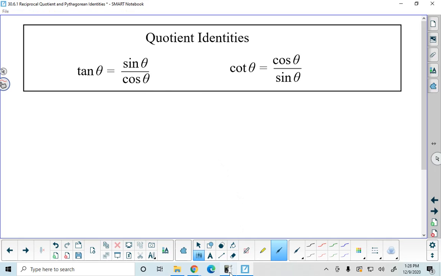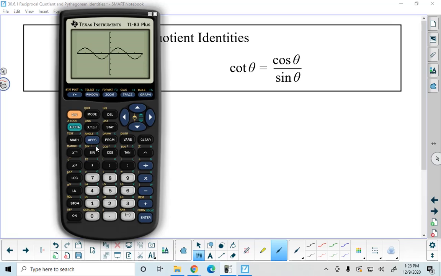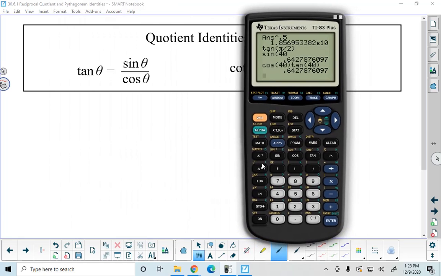If you take your calculator, you can try this on your own. I happen to be in degrees, so we can stay in degree mode if you like. I'm going to take the tangent of 68.2 degrees, and I get this number. If I take the sine of 68.2 degrees and divide by the cosine of 68.2 degrees, I get the exact same number.